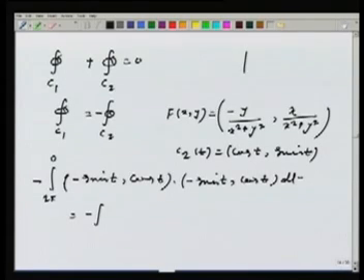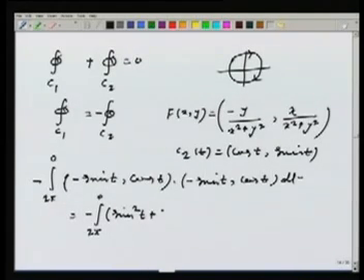Because if you remember, the direction of the circle was this way. So it starts this way, goes the other way. Okay, that's why the minus sign, 2 pi to 0. So it is minus of the integral of sin square t plus cos square t dt, that is equal to minus the integral from 2 pi to 0 of dt.